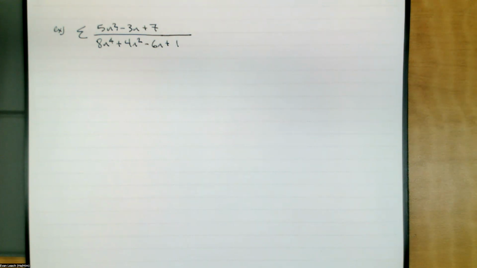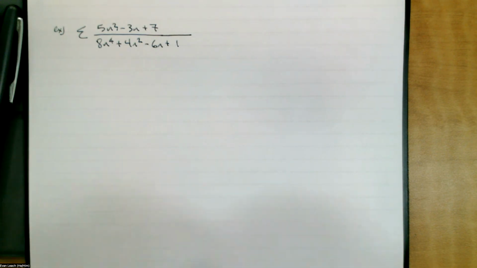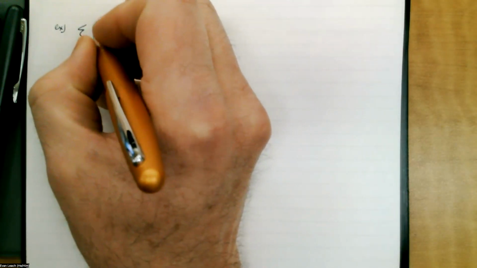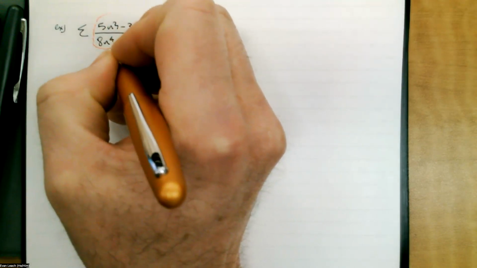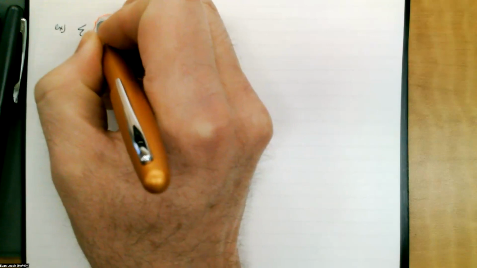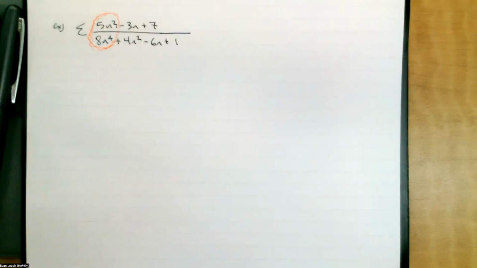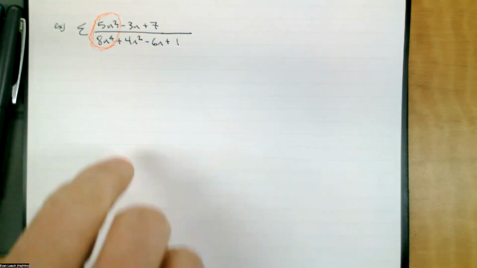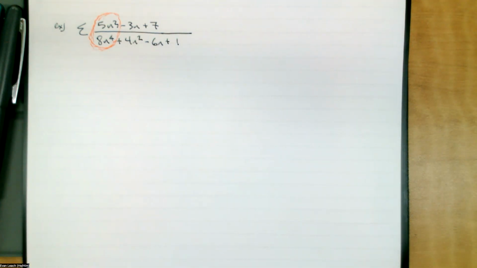The important thing here is that we pick out the only important terms in the numerator and the denominator. In the numerator, all that matters is 5n^3. In the denominator, all that matters is 8n^4. For large values of n, these are the terms that matter. For small values of n, like if n is less than 1, n^4 is very insignificant.